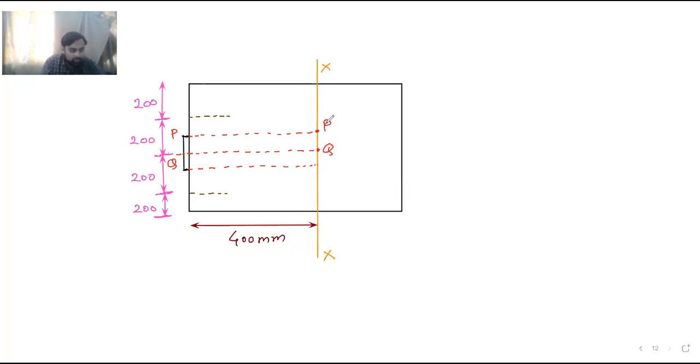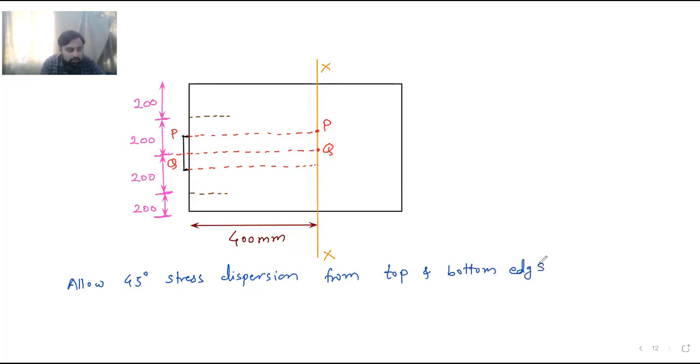Okay. So now first I will write here: allow 45-degree stress dispersion from top and bottom edges of the anchor plate.